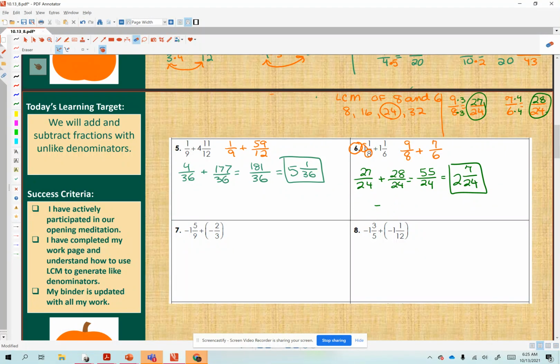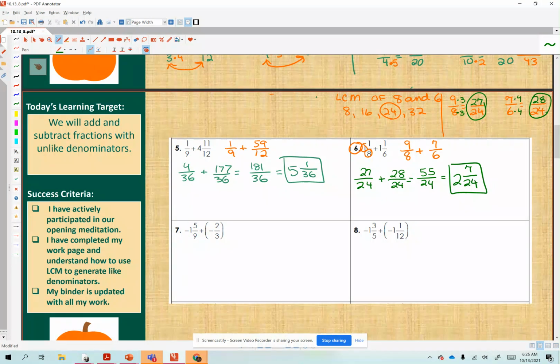Let's move on to number 7. Negative 1 5/9 plus negative 2/3.